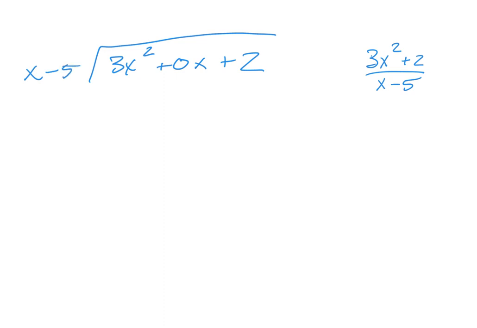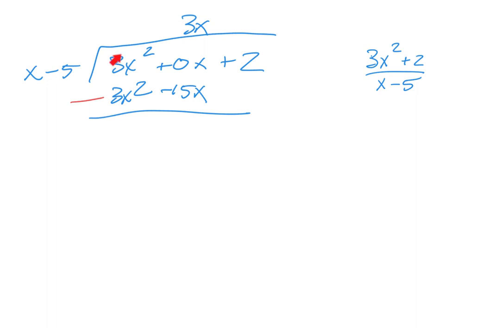Starting at the top, x goes into x squared, but I need this to be exactly the same, so I need to have a 3x up here. I'm going to take 3x times x, giving me 3x squared. I'll have 3x times negative 5, giving me negative 15x. Going to subtract the whole thing.